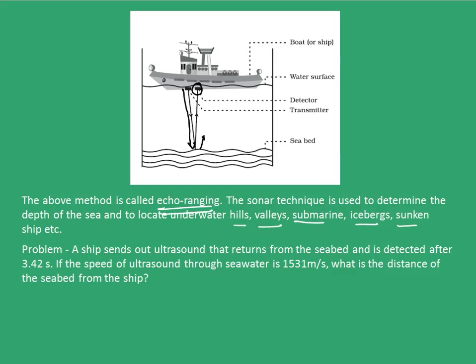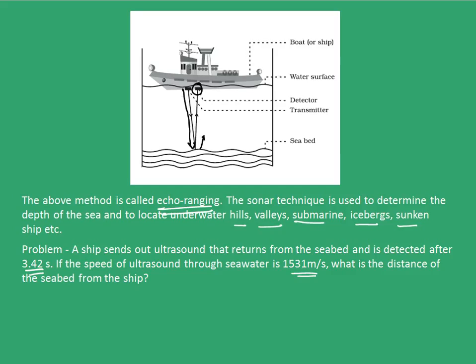With the problem shown here, we will see how it is actually calculated. So the problem says a ship sends out ultrasound that returns from the seabed and is detected after 3.42 seconds. If the speed of ultrasound through seawater is 1531 meters per second, what is the distance of the seabed from the ship?